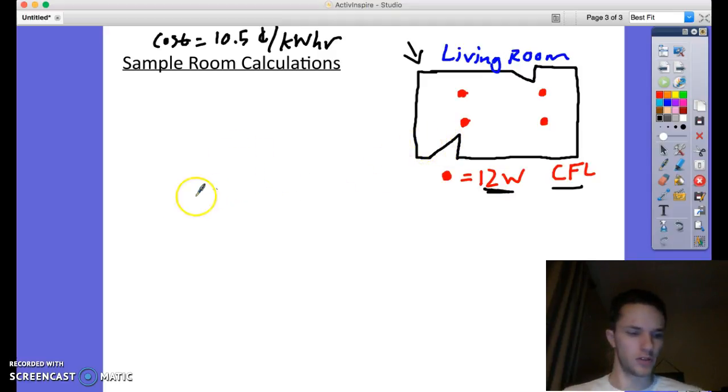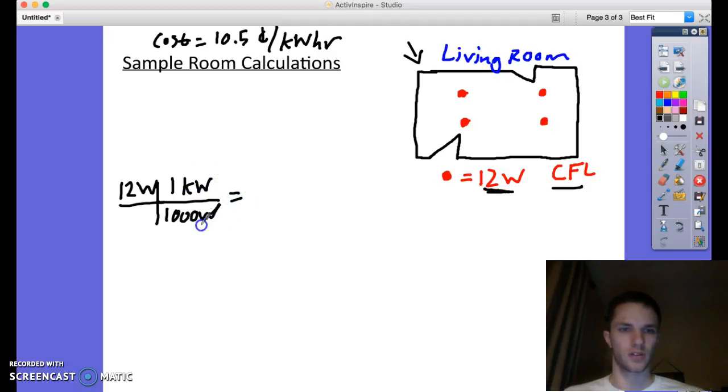So the way I'm going to do these calculations is I first need to think about, if I have a 12 watt bulb, I need to convert that into kilowatts. To convert 12 watts into kilowatts, I'm going to do something called dimensional analysis. I know that in every 1,000 watts, there is 1 kilowatt.